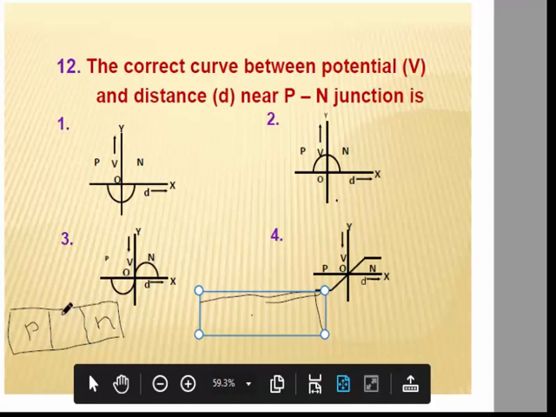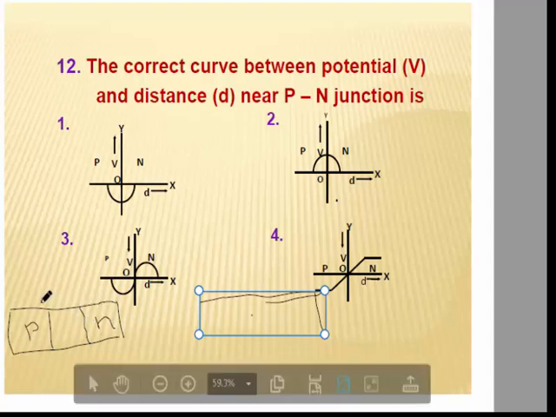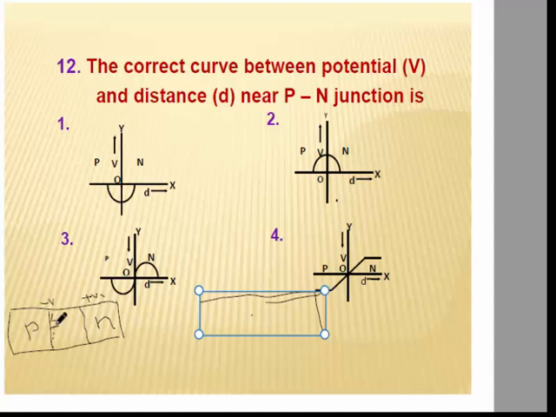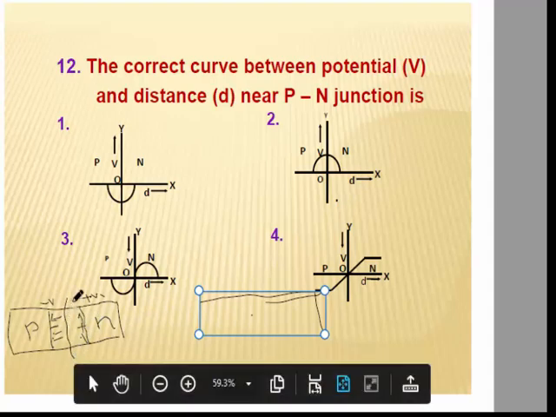In this depletion layer, here it is a negative potential and this is a positive potential, because positive charges will be here and negative charges will be at the P side. Now the potential at the middle is 0.